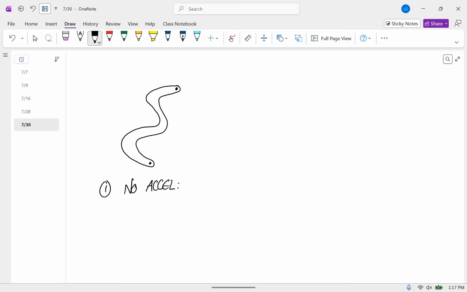In other words, these force vectors have to be equal and opposite. If they're not equal and opposite, they add up to something non-zero, and then you get an acceleration. And that's not possible if it's in equilibrium.